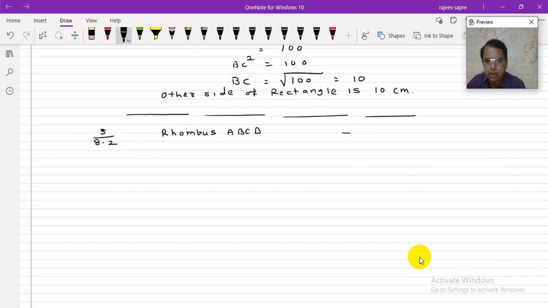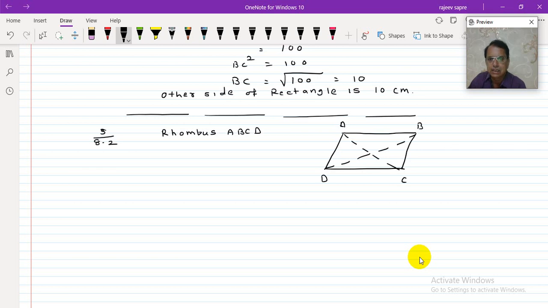So suppose I draw this rhombus. All sides are not looking equal here, but I assume that that is a rhombus. These are schematic figures, so you are not drawing it by measuring actually. And these are the diagonals. This is one diagonal BD, and this is another diagonal AC.